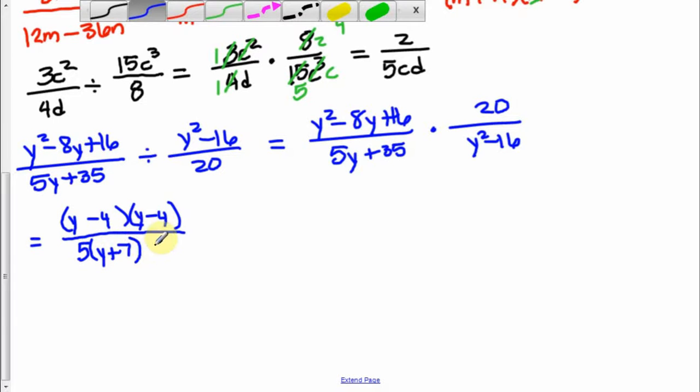Factoring out a 5 would leave you with y plus 7 times 20 over, and then y squared minus 16, you're going to factor as the difference of two squares, so it's y plus 4, y minus 4.